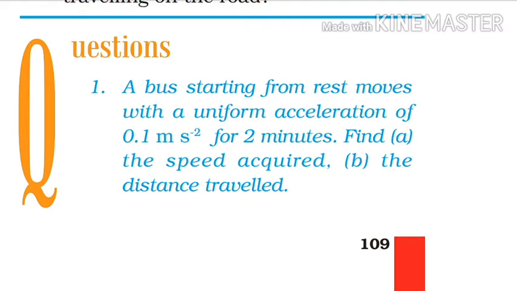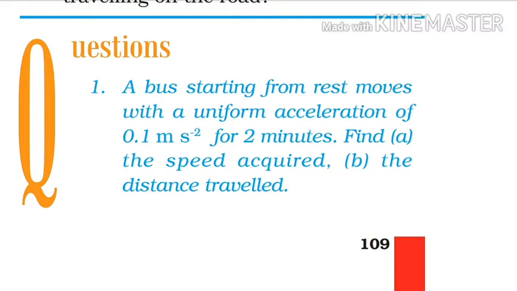The distance traveled by the bus will be s equal to ut plus half at square. So this will be 0 plus half of 0.1 and t square, that is 120 square, that is 14400.